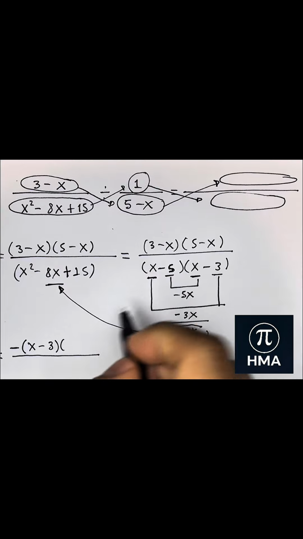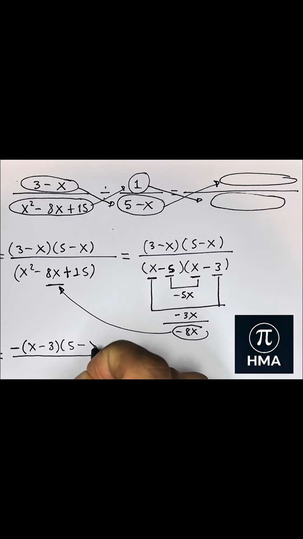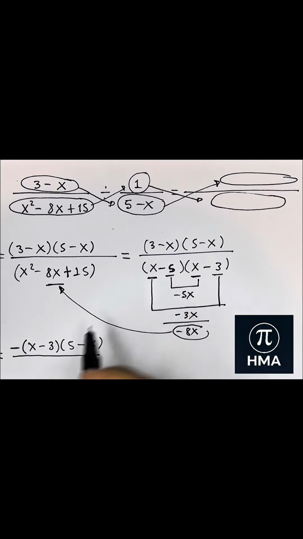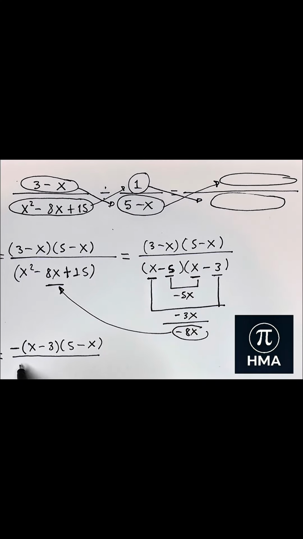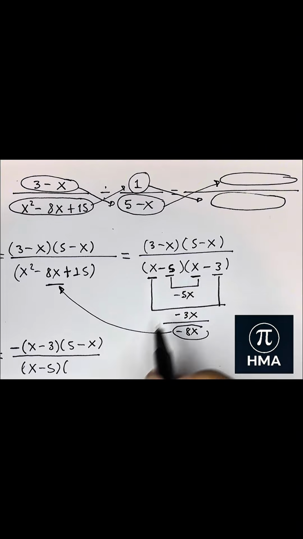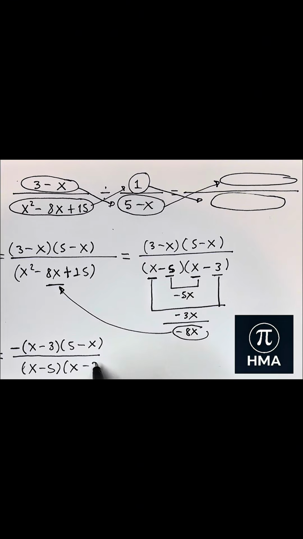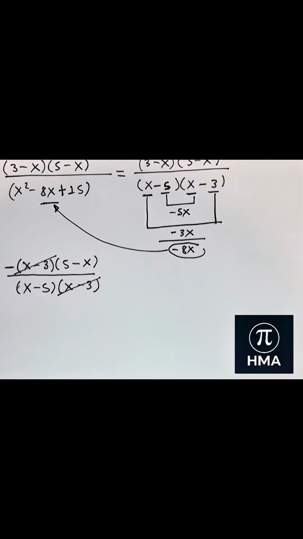Let's do first this 5 minus x in the next factor. We have 5 minus x here and x minus 3. Now these two are exactly the same, so we can eliminate them.